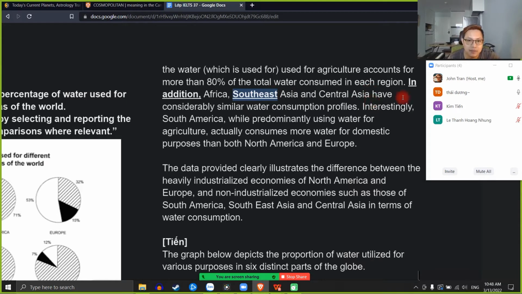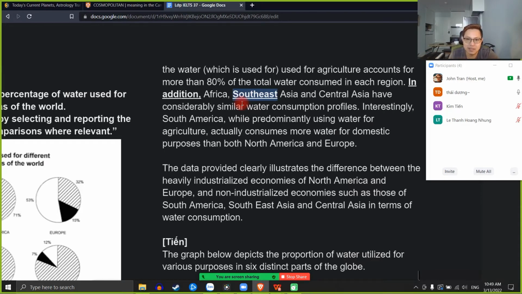And Central Asia have considerably similar water consumption profiles. Ba cái vùng này nó có những cái profile giống nhau. Consumption profiles mean like consumption data.